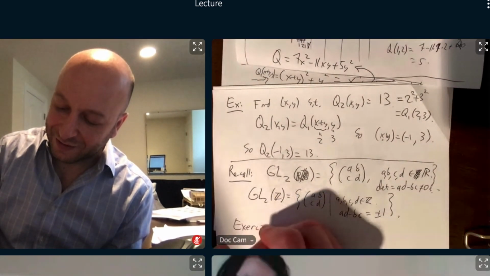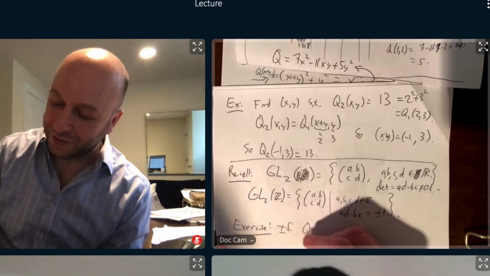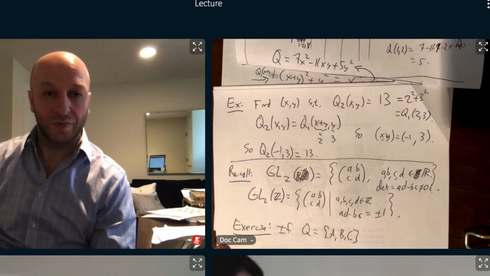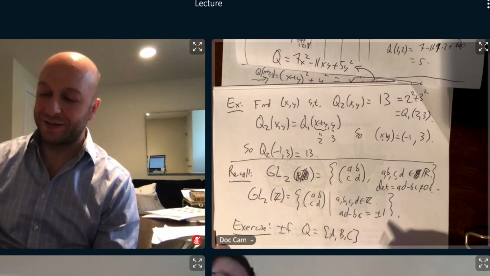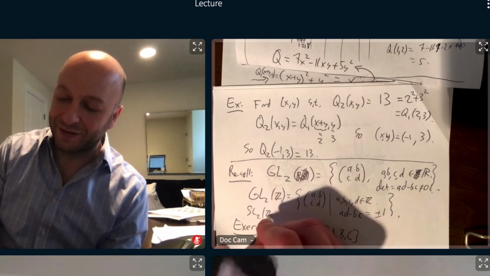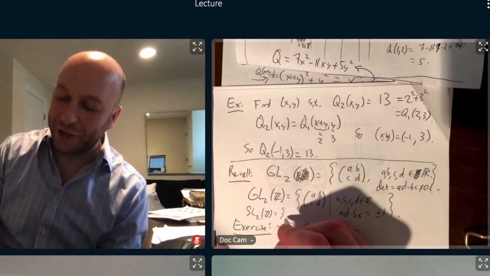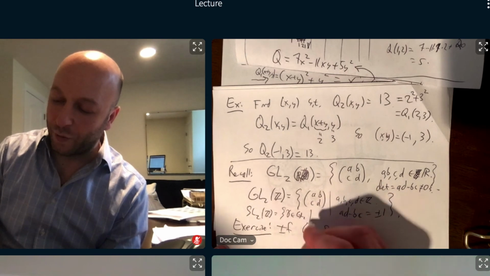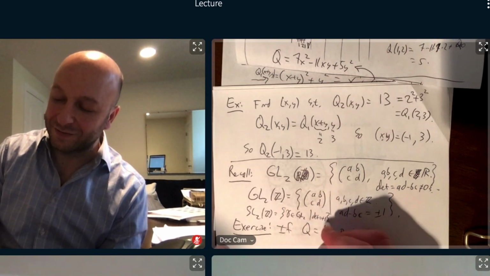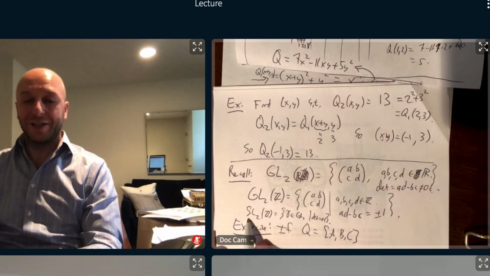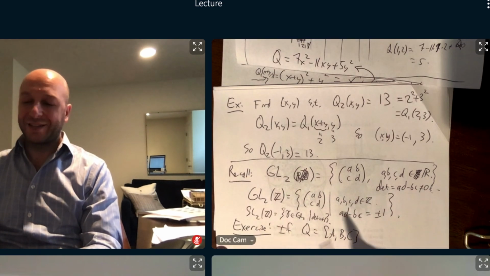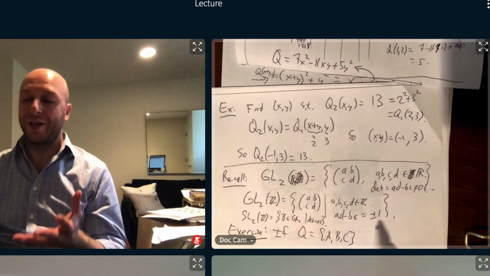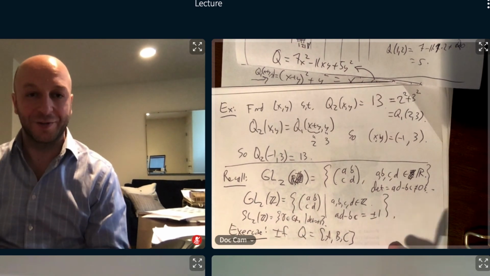SL2 is the matrices, let's call them gamma, in GL2 with determinant equal to plus 1. So SL is special linear. SL has determinant plus 1. GL has just any invertible determinant, but to be invertible in the integers, it has to be plus or minus 1.